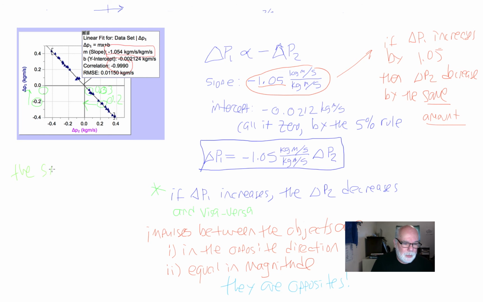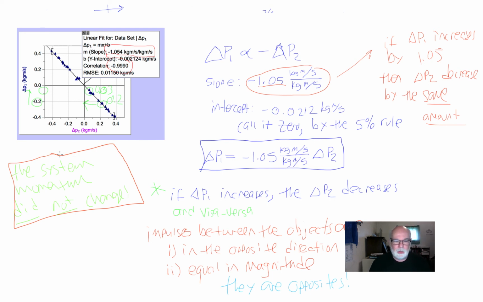The system momentum did not change. And we're going to be able to use that idea a little bit later as we go through and solve problems, which I have a couple of videos out there for, and I'll probably make some more if you need them.